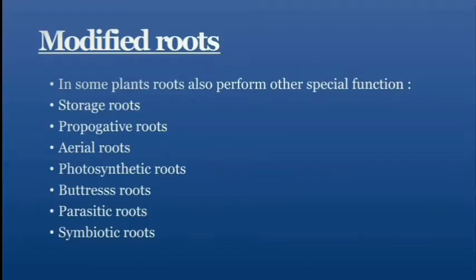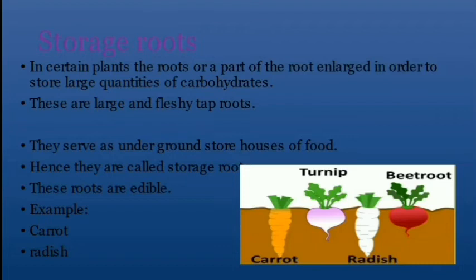Modified roots. In some plants, roots also perform other special functions. Roots that change in shape and structure to do functions other than absorption and conduction are called modified roots. Some of the modified roots are storage roots, propagative roots, aerial roots, photosynthetic roots, buttress roots, parasitic roots, and symbiotic roots. Let us see storage roots.